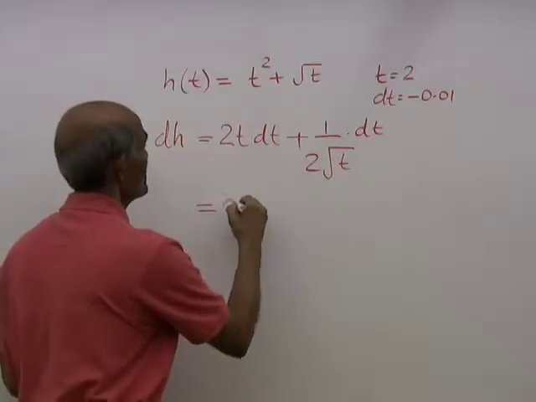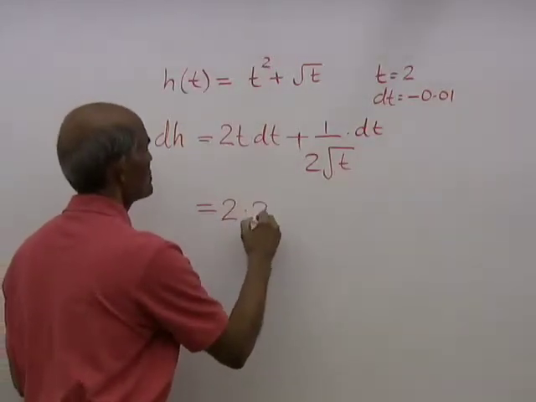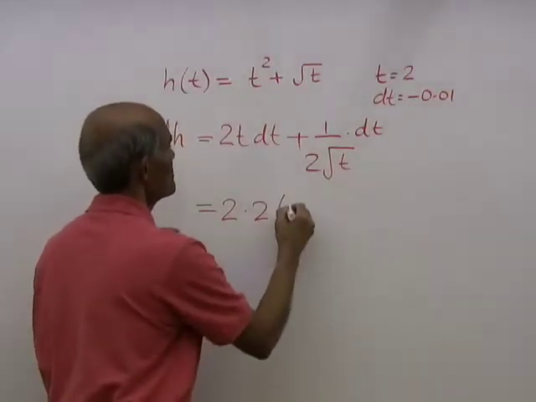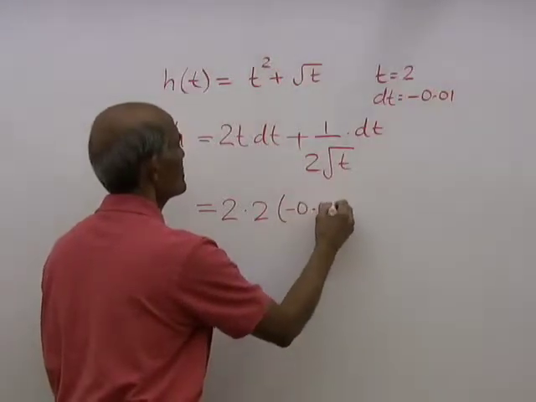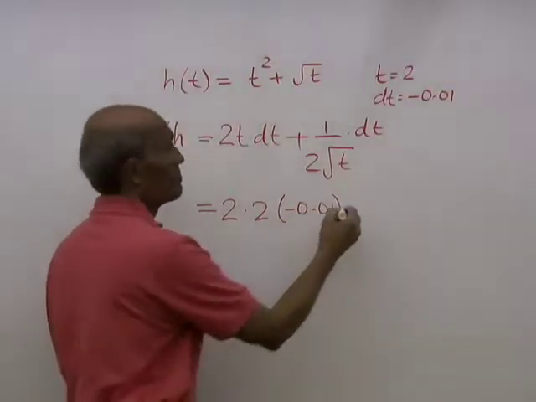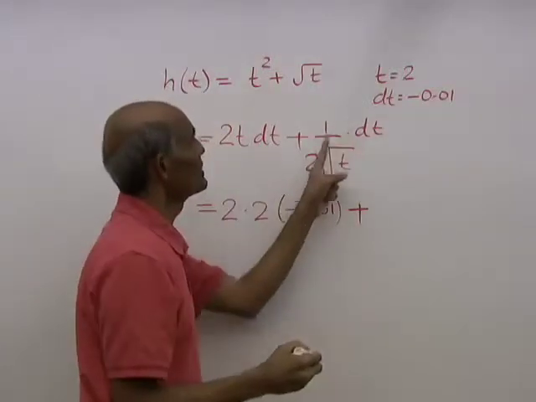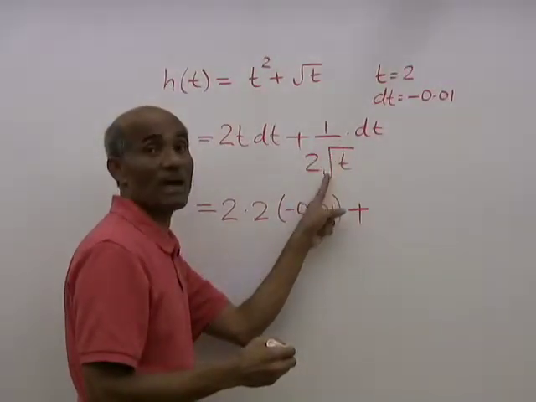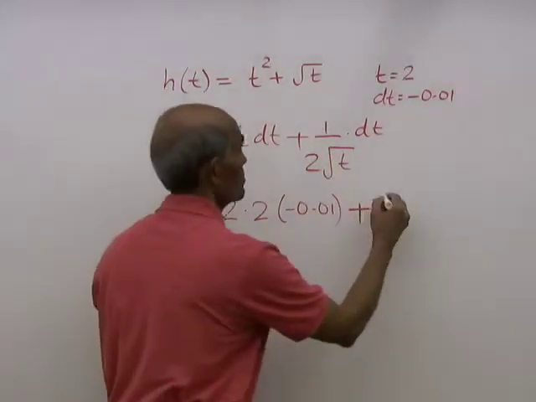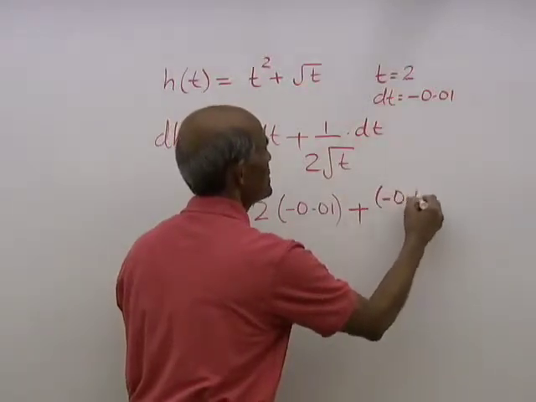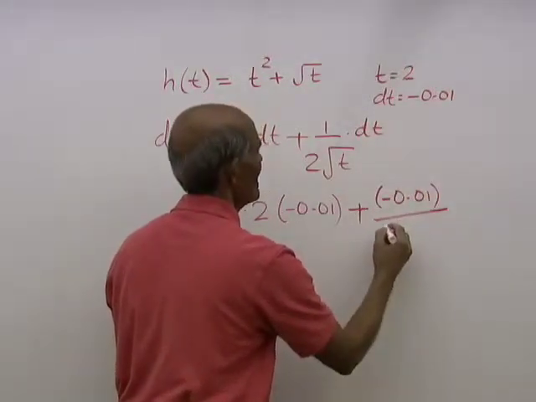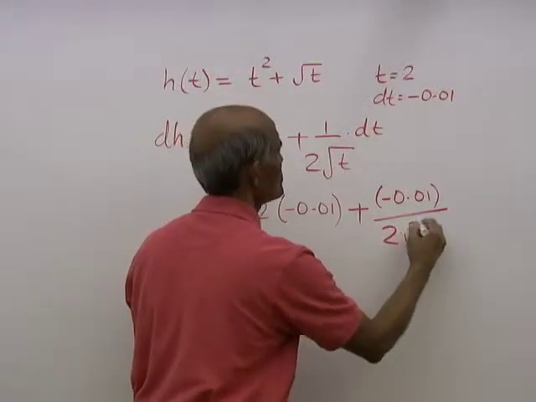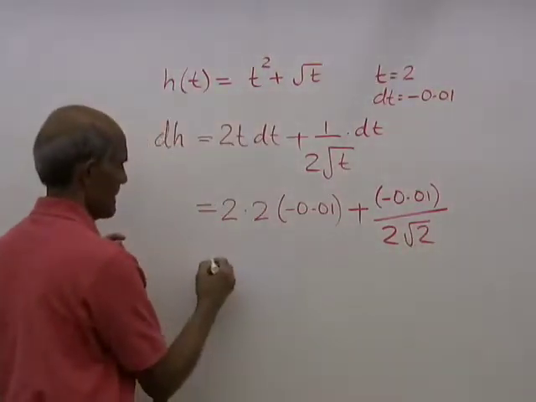That will give you 2 times 2 times negative 0.01 plus, this will be dt divided by 2 square root t. So that will be negative 0.01 divided by 2 square root of 2.